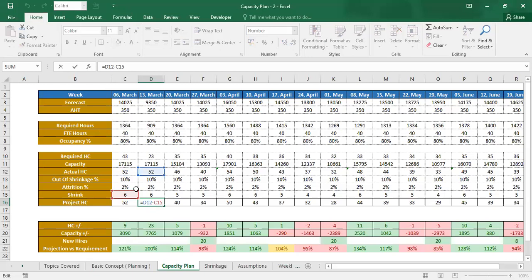So 6 agent will not be part of this week. So here I have done minus. Till here, I hope clear to everyone.